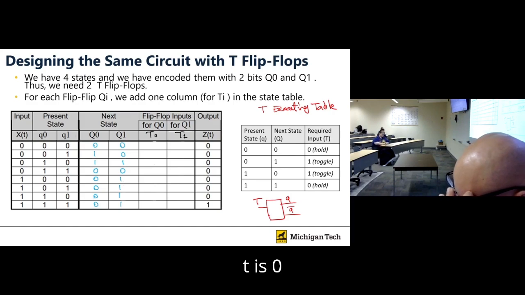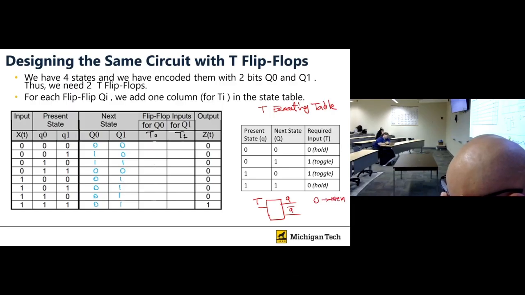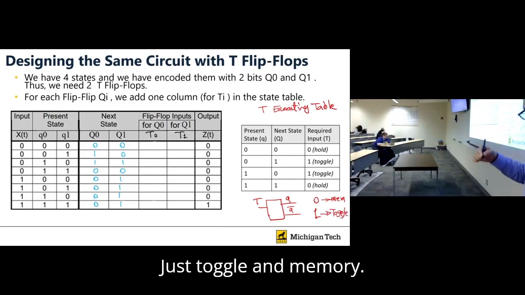T is 0, it acts as a memory. So T is 0 is memory, and T is 1 is toggle. Just these two states, toggle and memory.